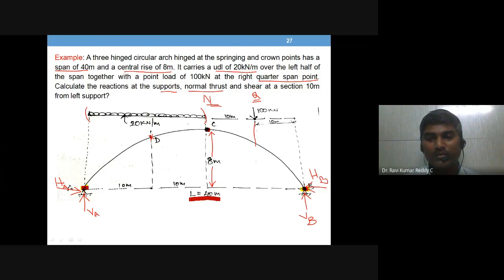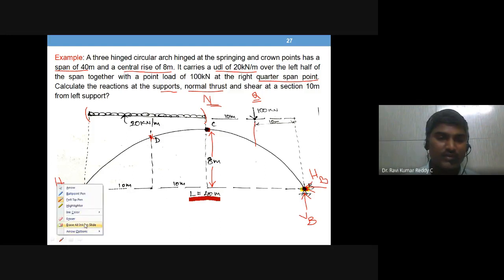So here is a point. B is a moment center. So if we see VA, let's find out, I can increase the size of that pen color.